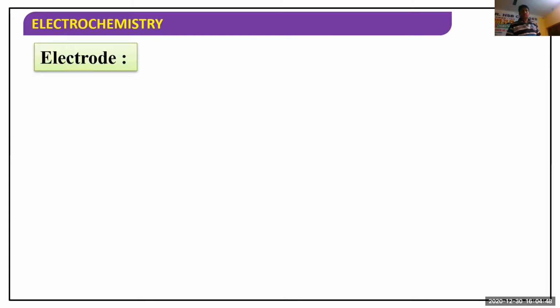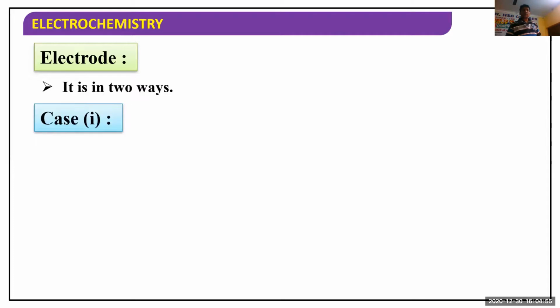So for electrodes, there are two cases. Case one, if the electrode is inert, like platinum, gold, etc., it does not participate in the chemical reaction and thus acts only as a source or sink for the electrons.